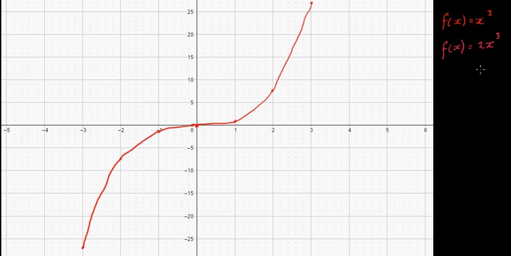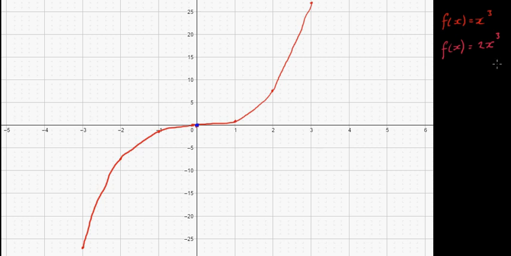So the coefficient of x cubed is 2. What happens to this function here? Well, let's draw it. Now if we take 0, we're going to cube it first, so that's going to be 0. Multiply it by 2, that's going to be 0. So we're still going to end up here at 0 for 0 as our x value.